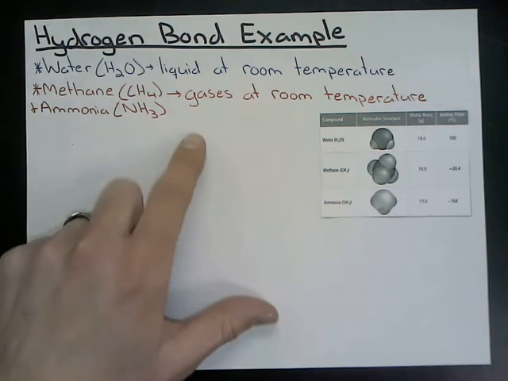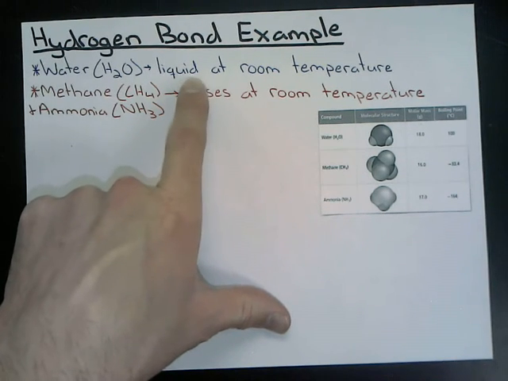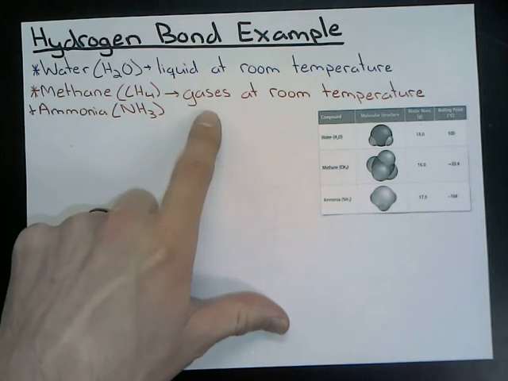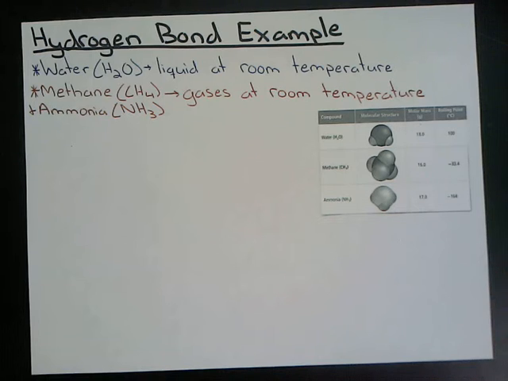And I tell you this, water is a liquid at room temperature, whereas methane and ammonia are gases at room temperature. And so what I want us to do through what we have just learned is determine why are methane and ammonia gases at room temperature, but water is a liquid.